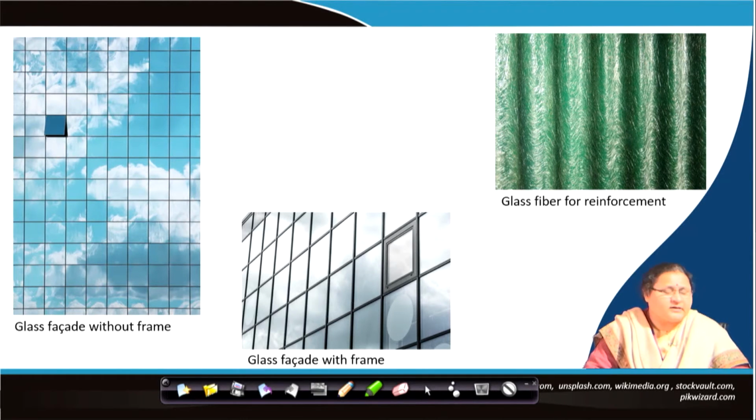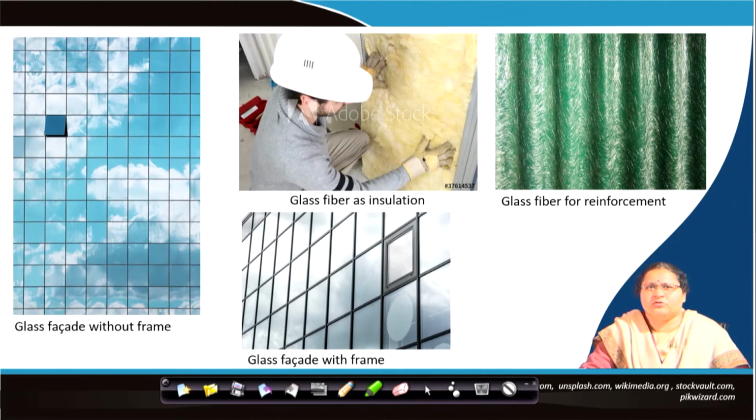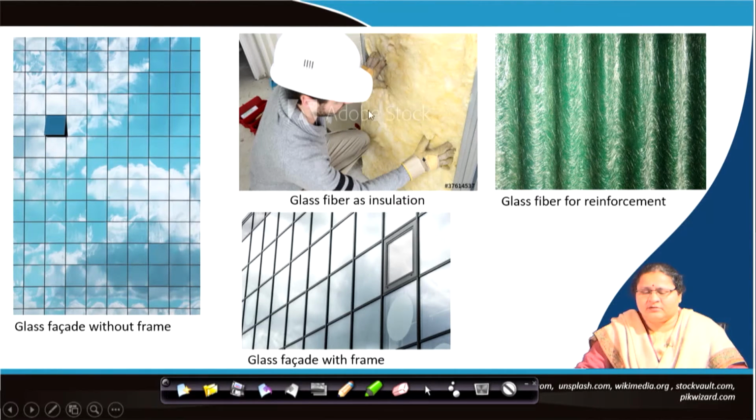So, we can use glass in different ways, and all have the purpose of its use in buildings. We have to know them one by one, but before that, here is another picture of glass fiber being pushed into a wall for insulation. You can see some woolly material pushed in.